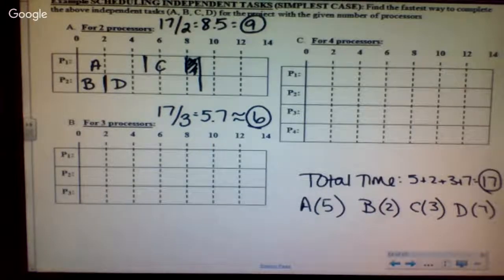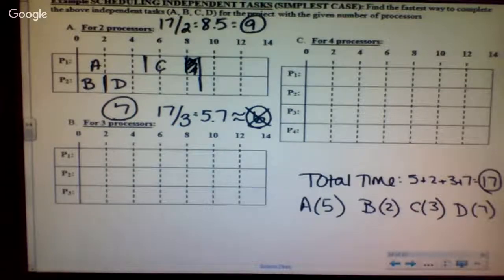There is a problem though. Take a look at all of your tasks. D takes 7. So even though our optimal time is 6, it cannot be any lower than your biggest task. So this should be 6, but it's going to take at least 7.